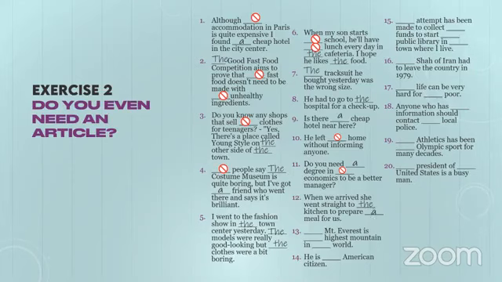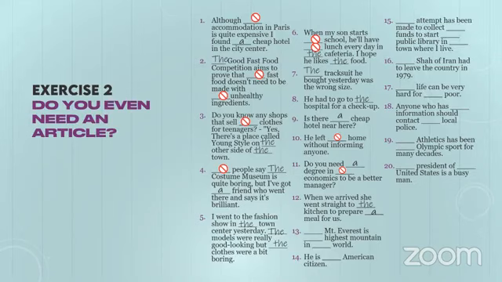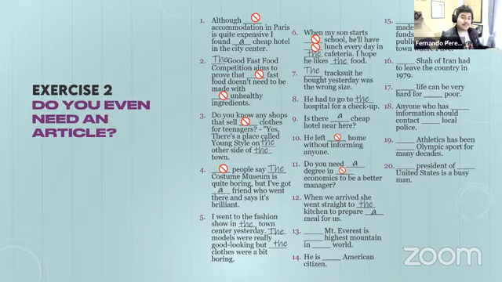Excellent. This is very interesting. The difference between dinner, lunch, and food. If you are going to prepare food, you don't need an article. But if you are going to prepare a meal, yes, you need an article because meal is countable versus uncountable, technically.